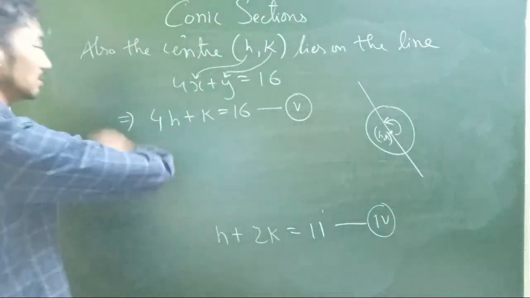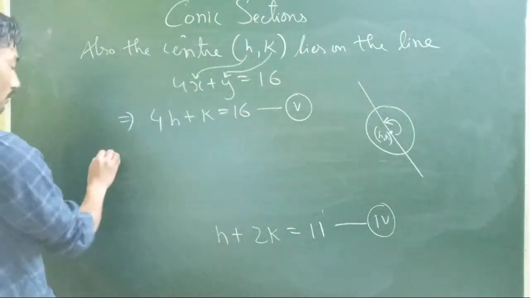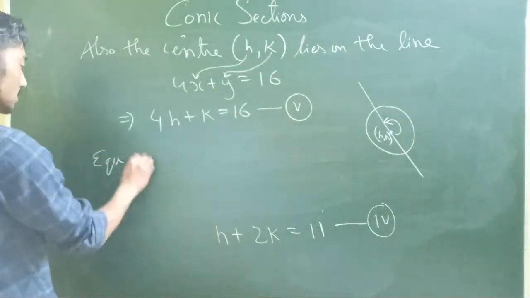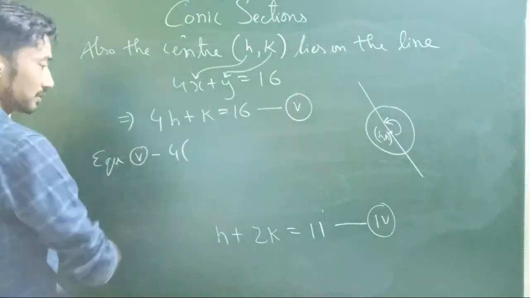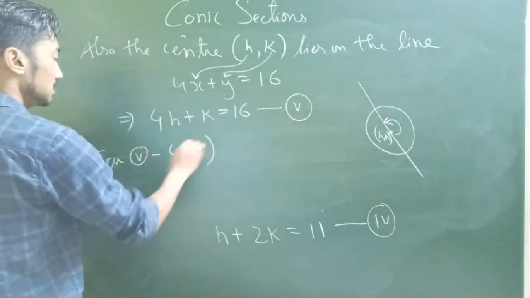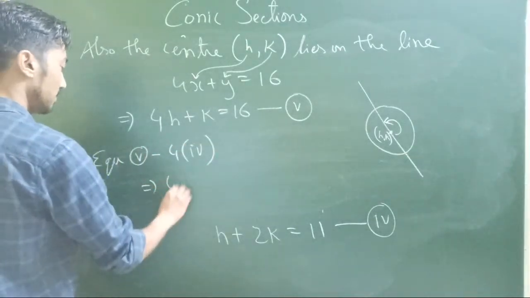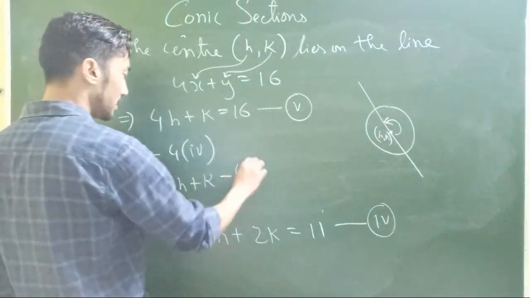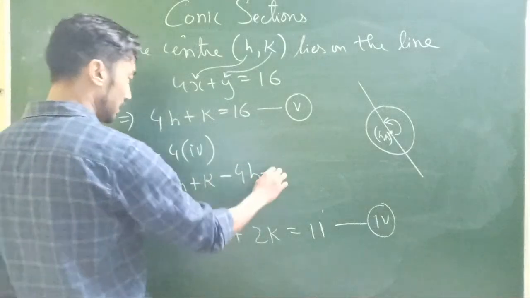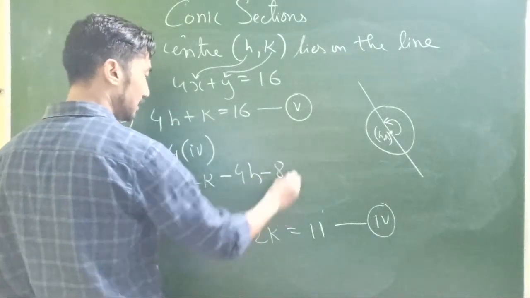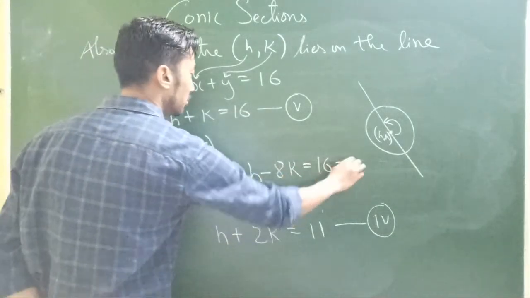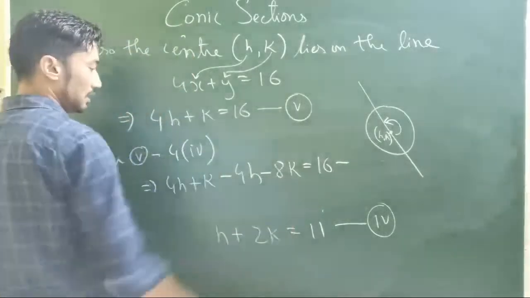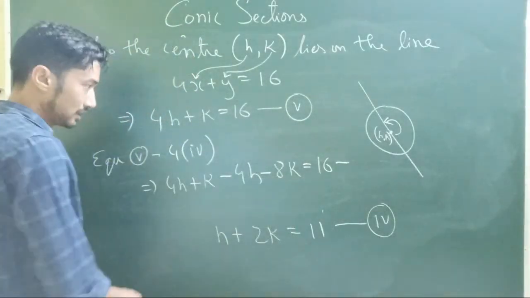So how do we solve? Let's see. Equation 5 minus 4 times equation 4. Equation 5 is 4h plus k, minus 4 times equation 4, 4h plus 2 into minus 4, 2 fours are 8k, that's equal to 16 minus 44. I hope you understand this, isn't it? The simplification.